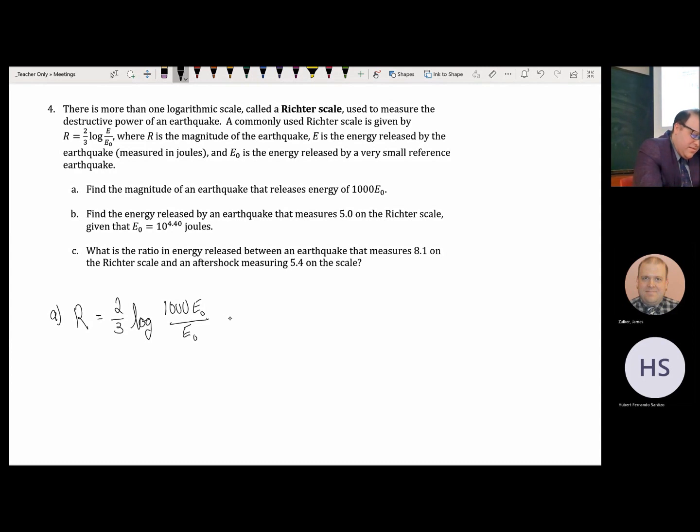Again, the subtraction log. No need. E naught over E naught is 1. Oh, we have to simplify.